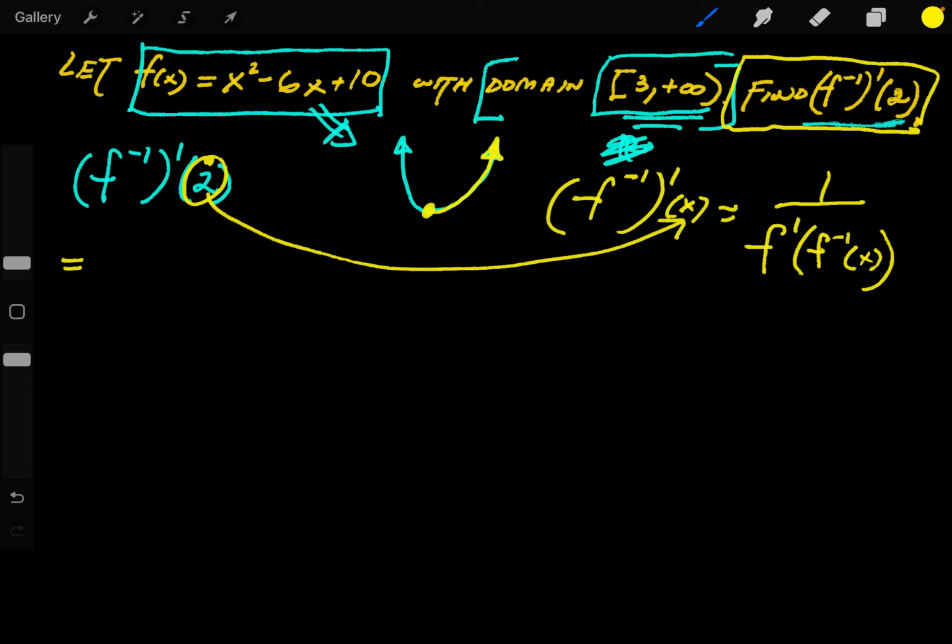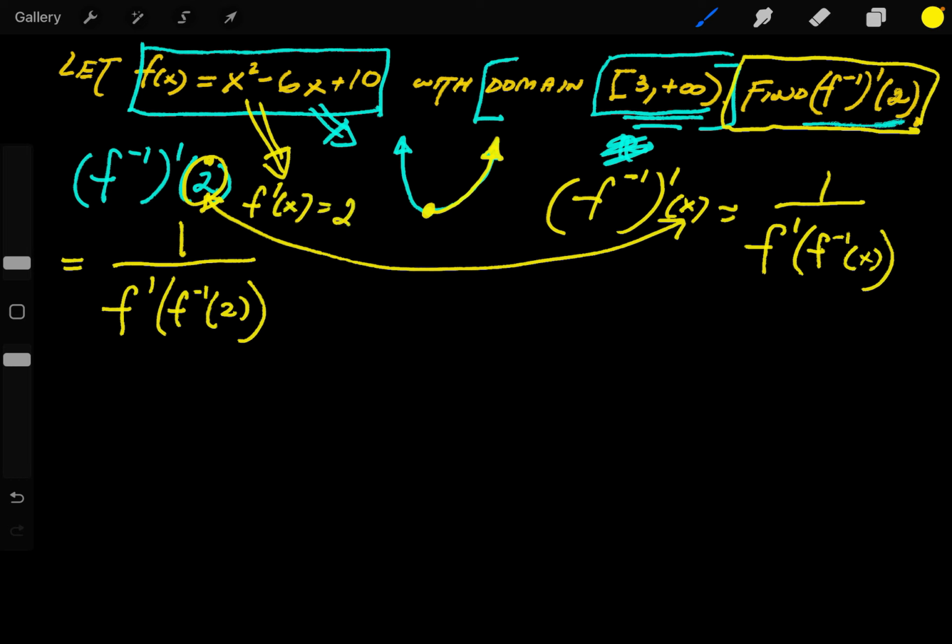The 2, right? So what do we get? This is equal to 1 over f prime of f inverse of 2. And I could easily get f prime. F prime of x is equal to 2x minus 6.